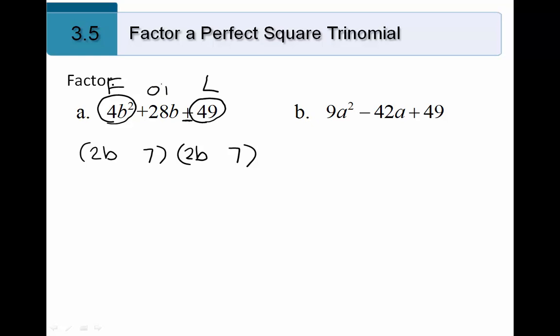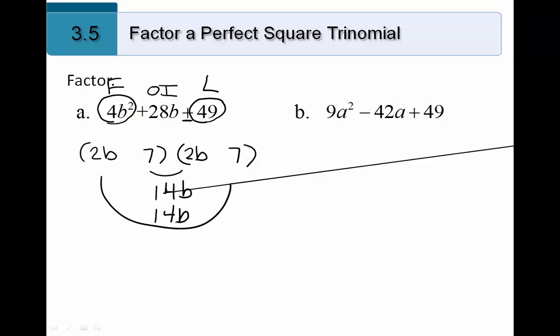I'm not going to make this more difficult than it has to be dealing with those patterns. I don't want to confuse you. Let's just check to make sure our outer and our inner add up to 28b. 7 times 2b is 14b. 2b times 7 is 14b. Whoa. And notice that adds up to 28b. And it has to be a positive 28b. So it looks like we're in good shape. So 2b plus 7 raised to the second.